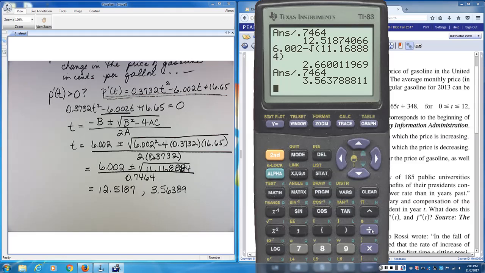Why are we getting 2 answers? But shouldn't there only be, why would the derivative have a 0 in 2 places? Why are there 2 zeros?